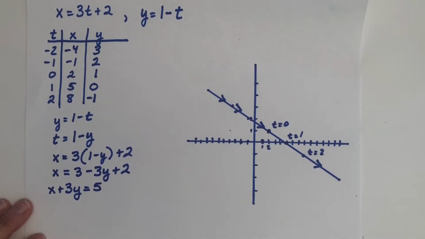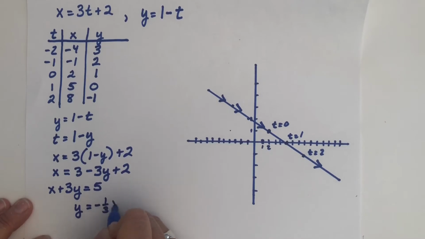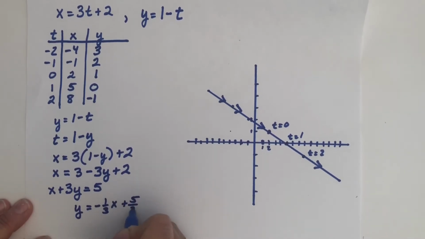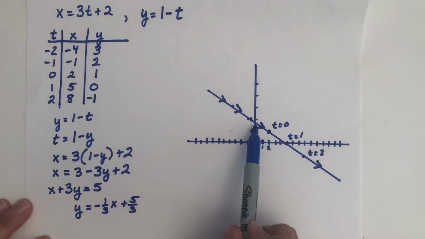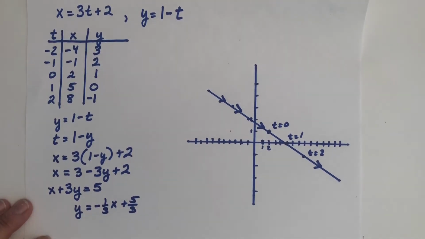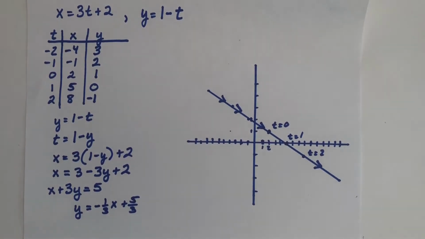Or if you prefer, you could solve for y and have y equals negative 1/3 x plus 5/3. And you can see that our slope is negative 1/3. Our y-intercept looks about like it's at 5/3. But now we have the rectangular equation whose graph represents this curve.